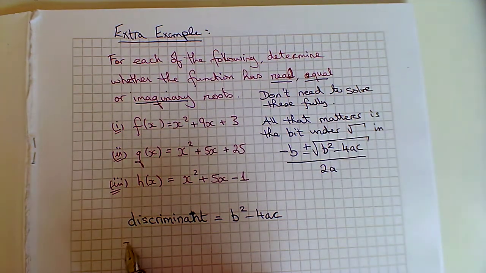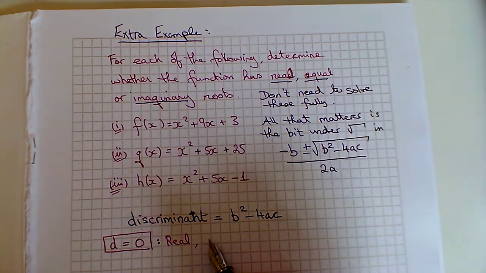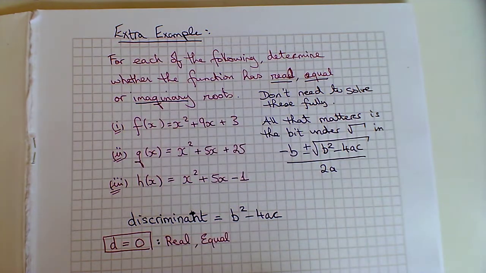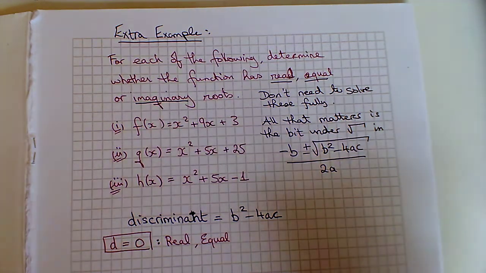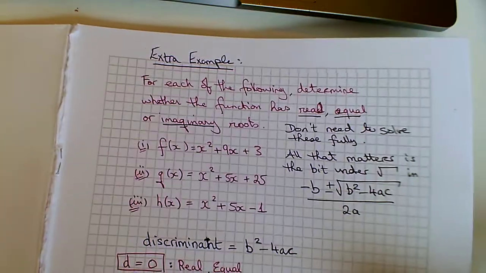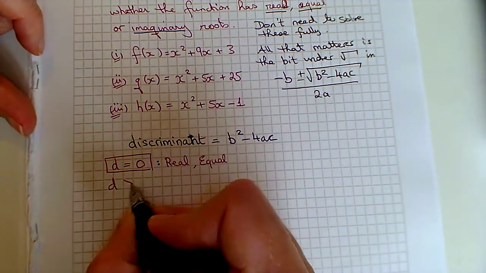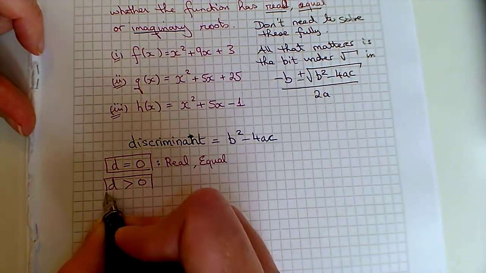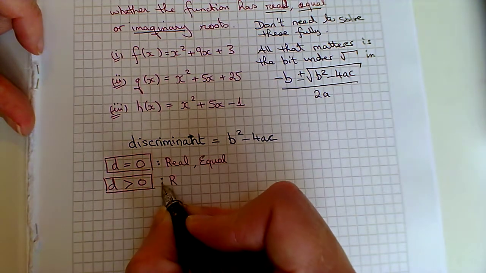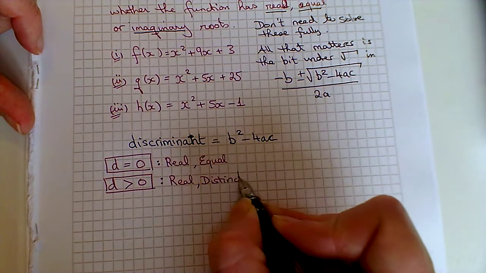If my discriminant d is equal to 0, we have real but equal roots, two values that will be the same. If my discriminant d is not equal to 0 but strictly greater than it, we have real but distinct roots. Distinct meaning different.